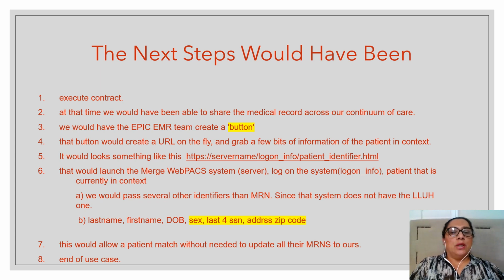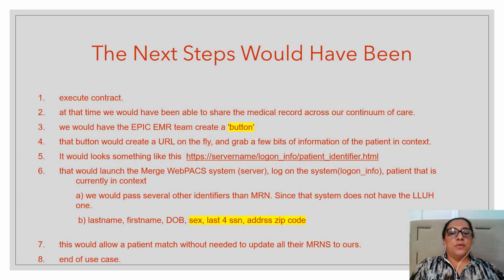We would have to have the Epic EMR team create a button, also create the URL to grab the bits of information needed to have the patient information shared across the two facilities.